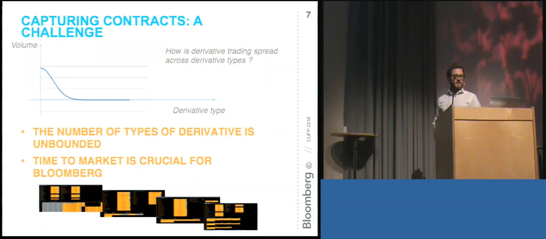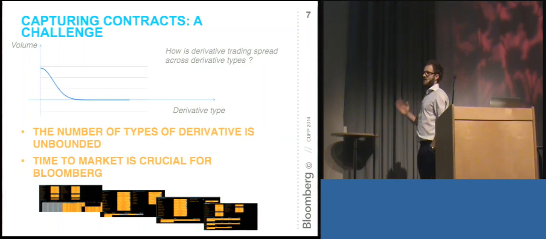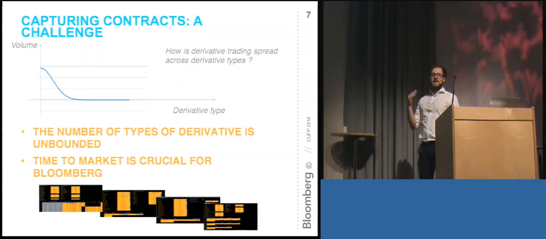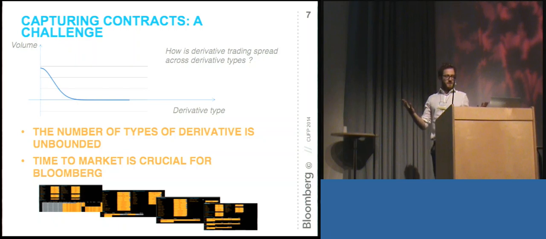So here is the challenge a little bit in capturing contracts. People are going to trade a lot of the same contract. However, they have a lot of imagination. And so they're going to do all of those crazy contracts between themselves. And you, as an independent software company trying to provide information, you have to catch up, right?